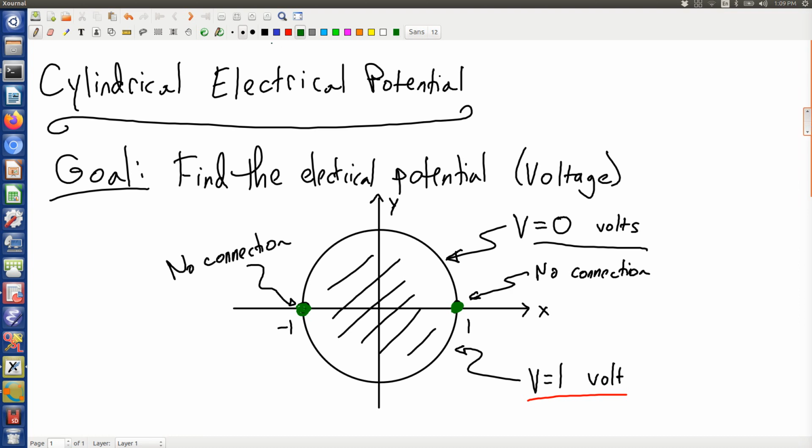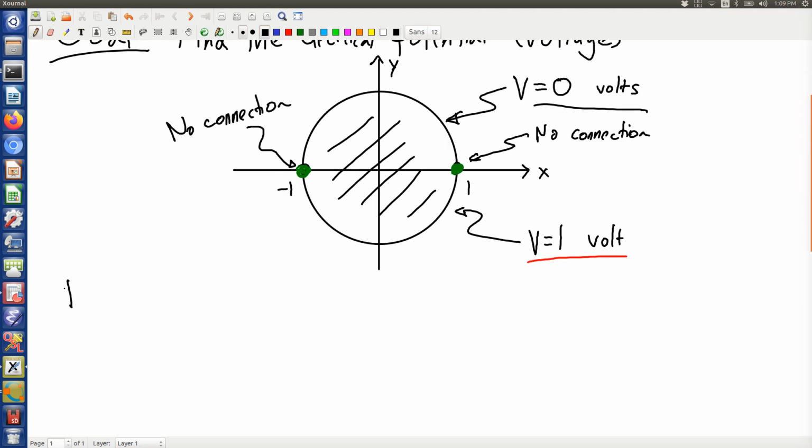Okay, so mathematically what we're after is we want to solve Laplace's equation on this disk. It's a Dirichlet problem, because we've specified the boundary values.